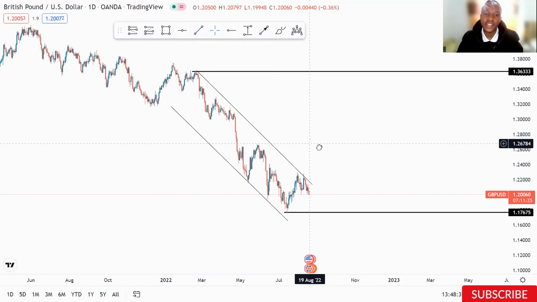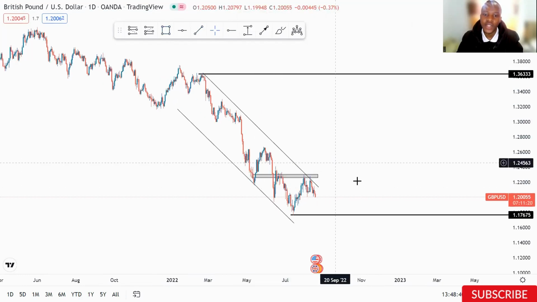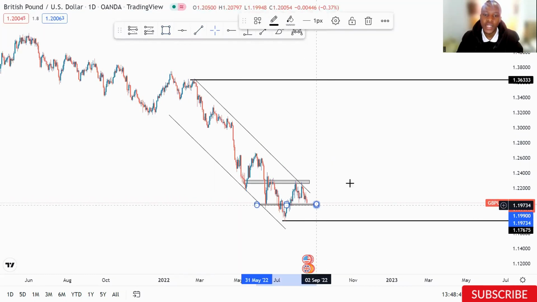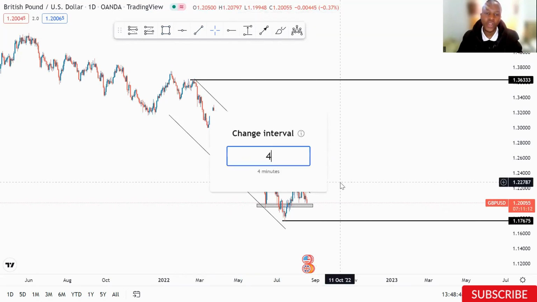The market is still trending to the downside. And then you can see we have a level of resistance over there, and then we also have a minor support level over here. Okay, so we're just going to drop it now to the 4-hour time frame where everything is going to be clear.